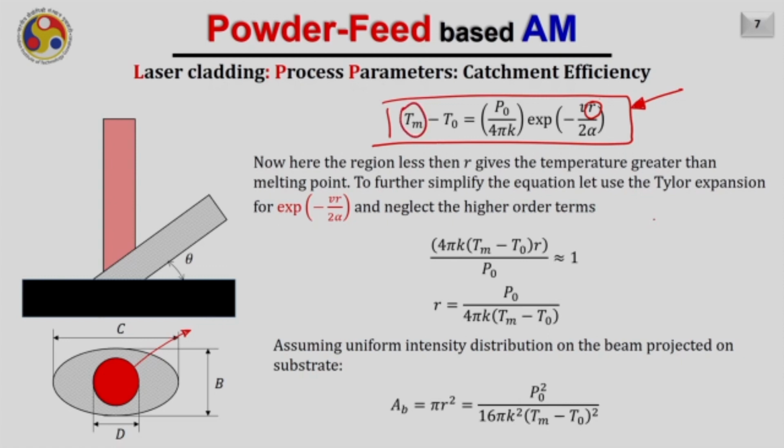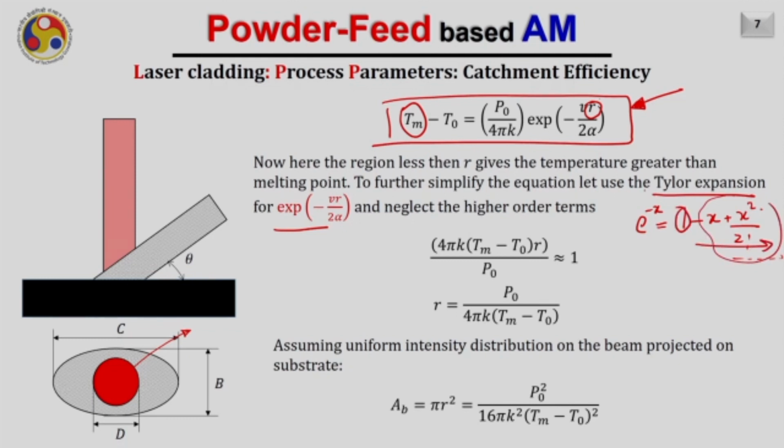I am going to do the Taylor expansion for this particular exponential. We know that e to the power minus x about 0 can be written as 1 minus x plus x square by 2 factorial and so on. Let me neglect all the terms except the 1.